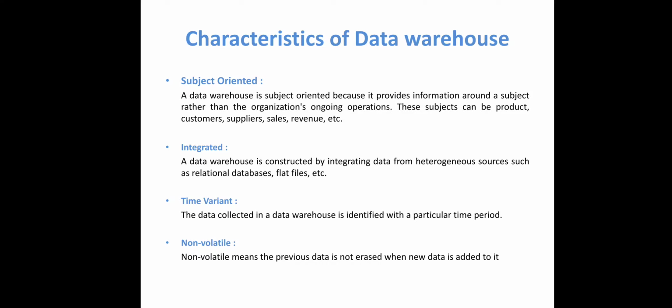We have different resources and we are collecting the data from them. This is called heterogeneous sources, meaning they are not homogeneous, they do not follow the same format; we are collecting data available in different formats.